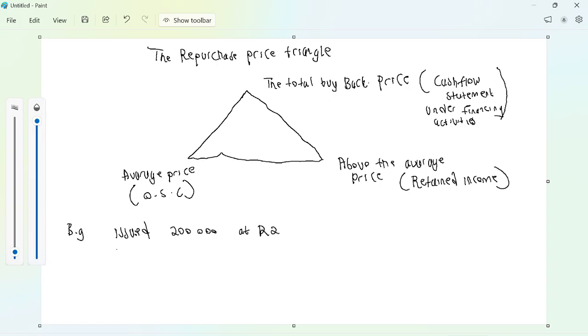And then during the year they issued 20,000 shares at maybe 4 rand, right? And then we repurchased shares at maybe 2,000, right?